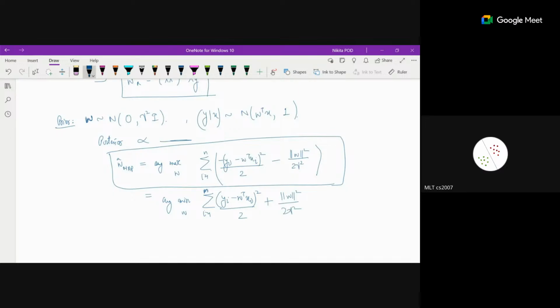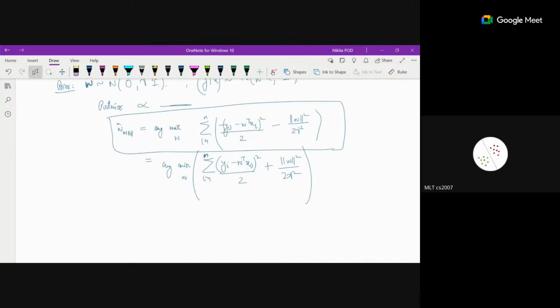So this is my W hat MAP, and this is how we find it. Now you have to minimize this function. Once you minimize this function, the W that you get is going to be the new estimator, which is W hat R, W hat ridge, basically ridge regression.